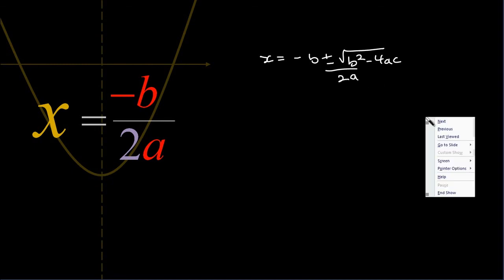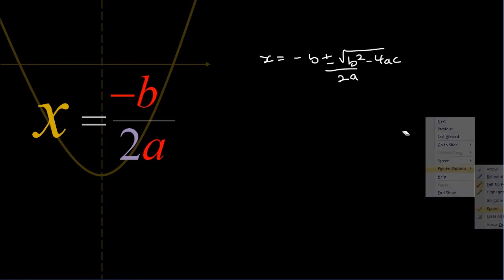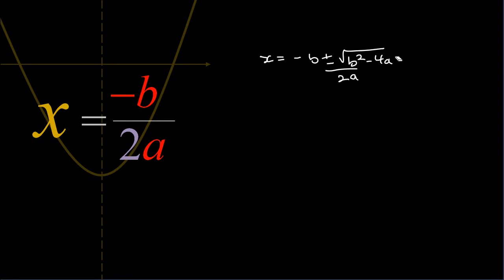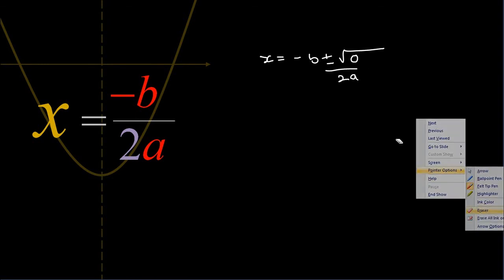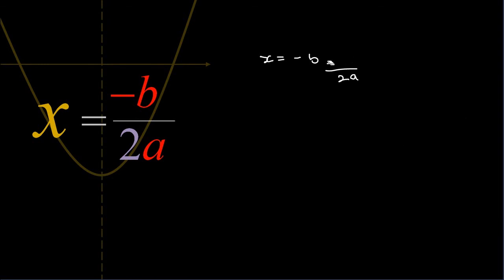And of course what we were able to do was we were able to erase all of this, because at the turning point the discriminant must equal 0, and that's because it's the only number that produces one solution to the square root. So we can then erase all of these ideas and derive the minus b all over 2a formula.